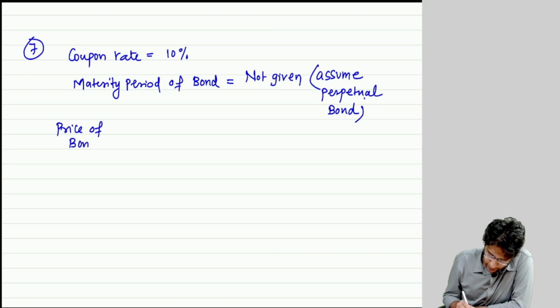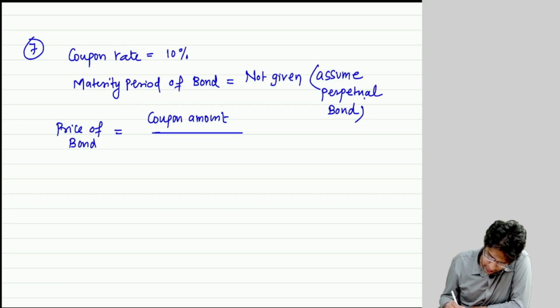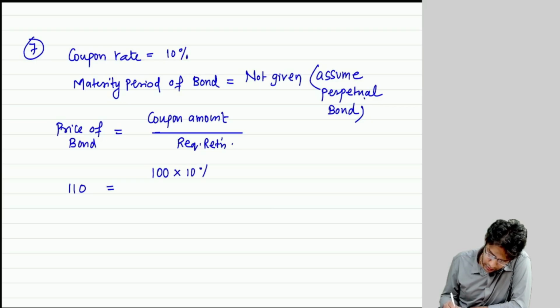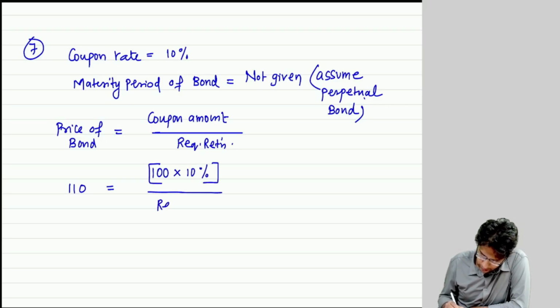Tell me now, price of the bond formula. Coupon amount divided by RR. What's the price of the bond given? 110. Coupon amount is 100 into 10%. Required return, that I don't know.